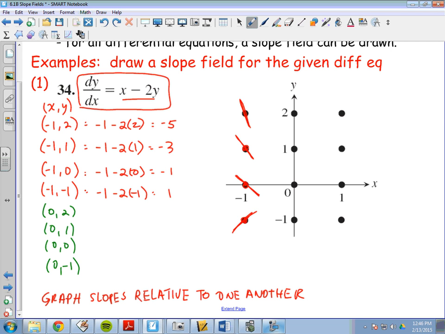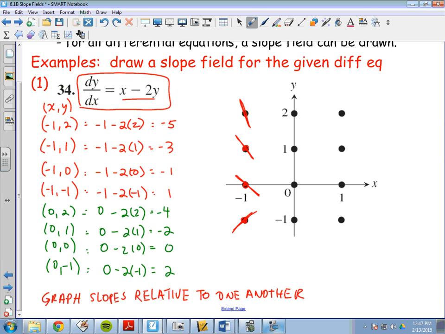After you do this a few times, you don't necessarily need to write them all out; you just think about it. The slope at (0, 2) is -4, (0, 1) is -2, (0, 0) is 0, and (0, -1) is +2.